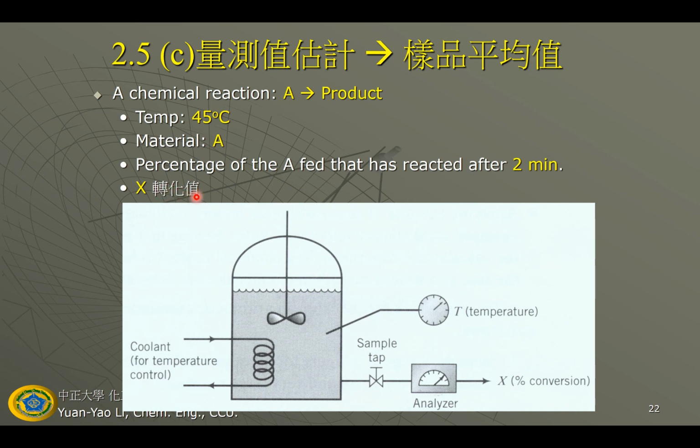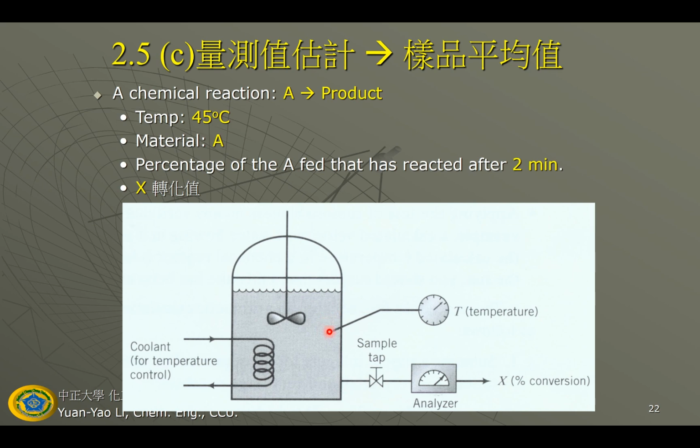So this analyzer takes a sample every 2 minutes. If you start to run the experiment, after 2 minutes you have an analyzer to see the conversion rate.